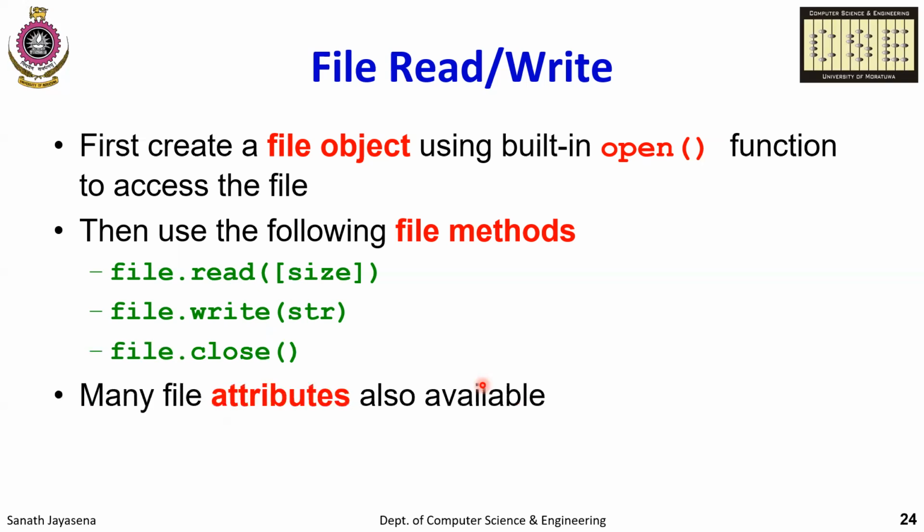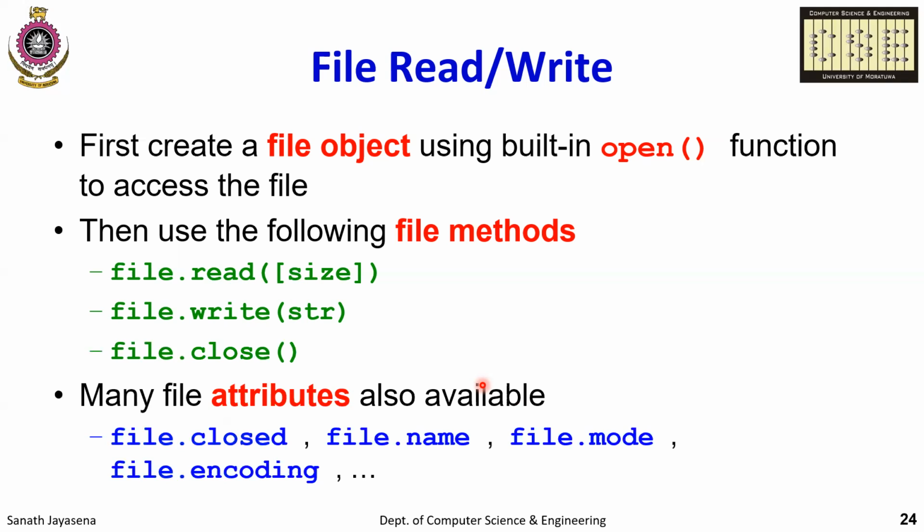And there are many file attributes that may be accessed by the program. If necessary, we can refer to them and get their values. While the methods are what we call to get some work done, these are attributes or fields or values associated with this particular object.